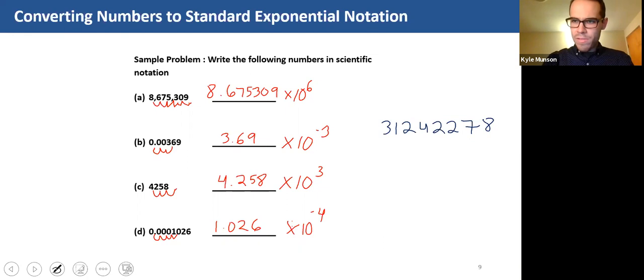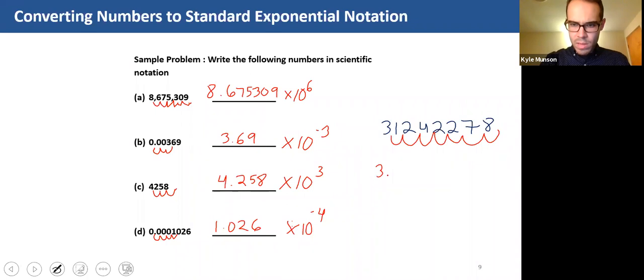Okay, so let's do it together. So we're going to put this decimal point there and we're going to move it over till, again, we have one number in front of the decimal point that's greater than or equal to 1, but less than 10. So we're going to go over 1, 2, 3, 4, 5, 6, 7 places.